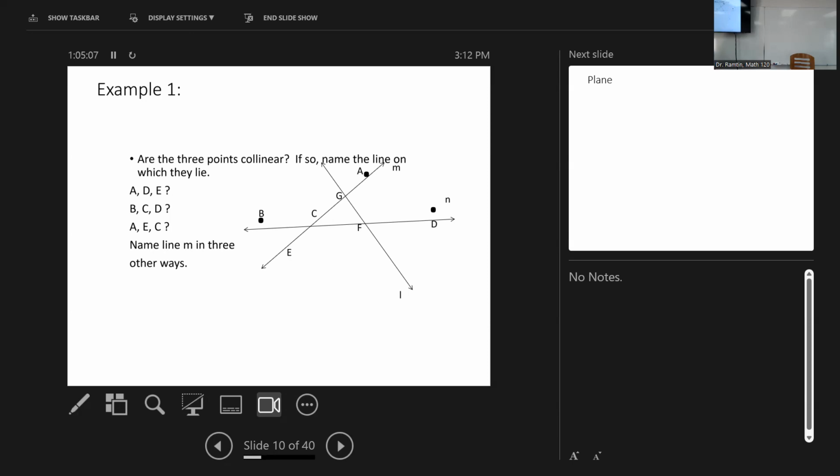Are B, C, and D collinear? Well, it doesn't show the points. I want to see the points. Well, if these are supposed to be those points, yes, you can say B, C, D are collinear, and A, E, C you can call collinear too. I have to correct that because the points should show.